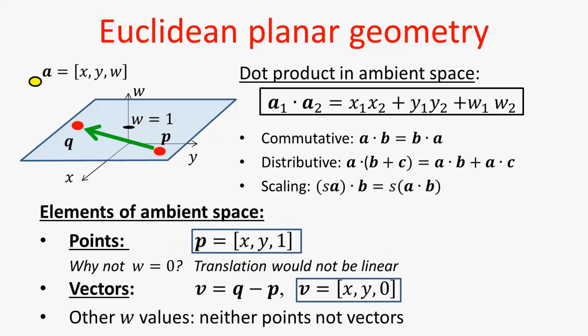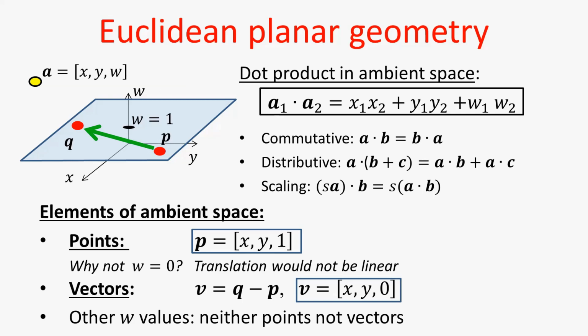You may ask why we do not embed the Euclidean plane with the definition w equals 0. Well, there are good reasons for that. One of the reasons is the following. We will want to express transformations, like for example translation or scaling, by matrix multiplication.